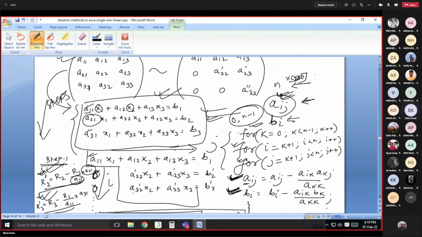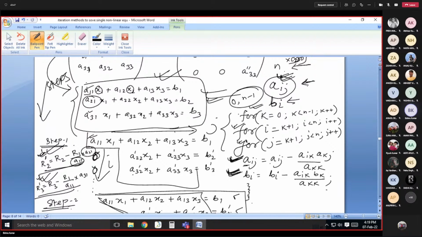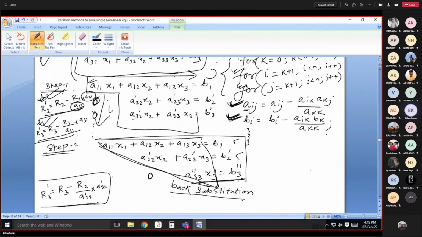Logically, whatever n input you take, on that basis the first variable is x0, then x1, and in that way xn minus 1 is the last variable.